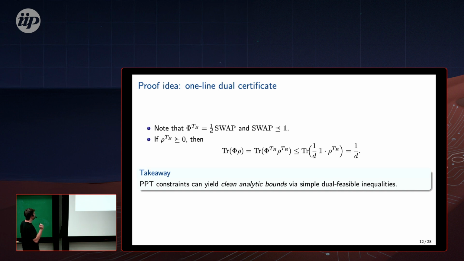So if you look at what this maximally entangled state is, when you partially transpose it, it's precisely the unitary that corresponds to the swap. But maybe if you don't know what the swap is, that is perfectly fine. The only thing you need to notice is that this matrix over here has operator norm, has largest eigenvalue 1.